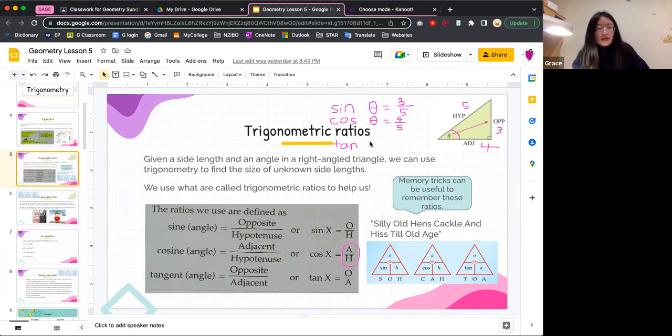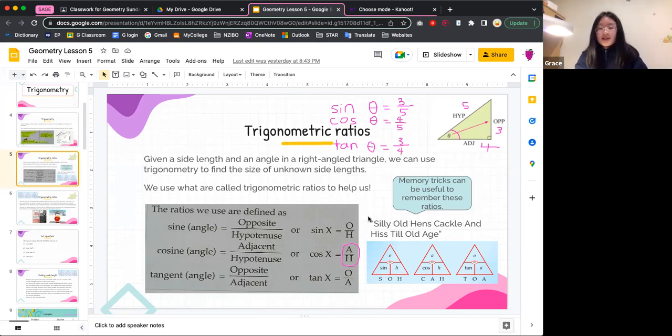Now you might be wondering where we can use these ratios, because right now it seems pretty straightforward and we don't really know why we need them, but they're quite useful when we're given a side length and an angle and need to find another side length, or if we're given two side lengths, then we can find the angle inside the triangle. Anyways, tan of this angle is opposite over adjacent, so we've got 3/4.